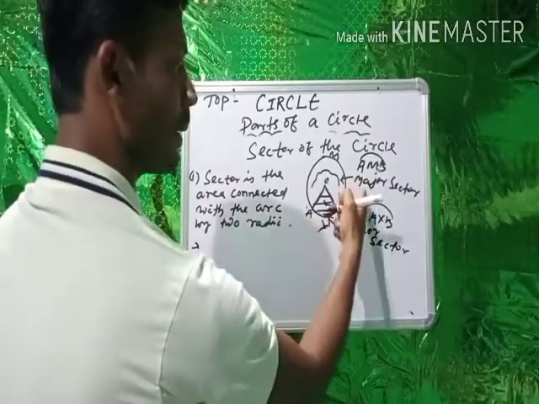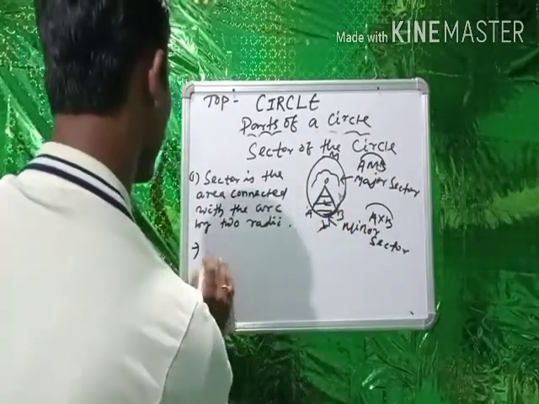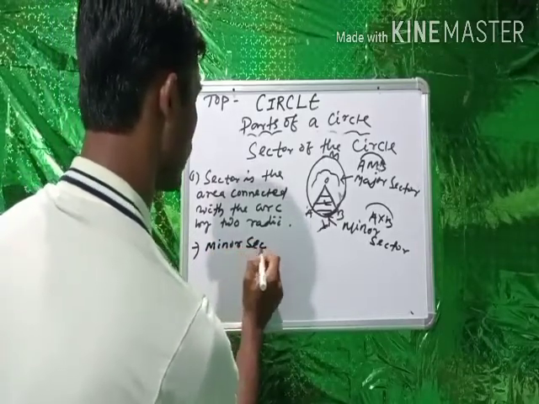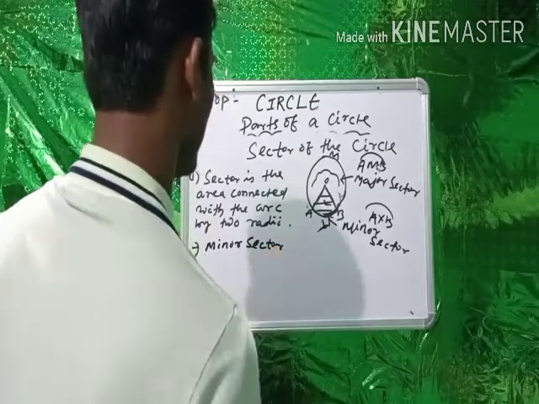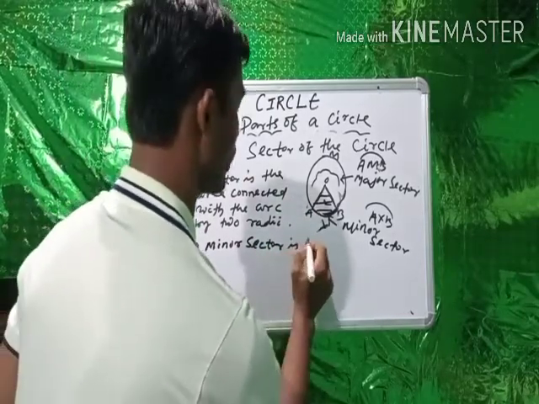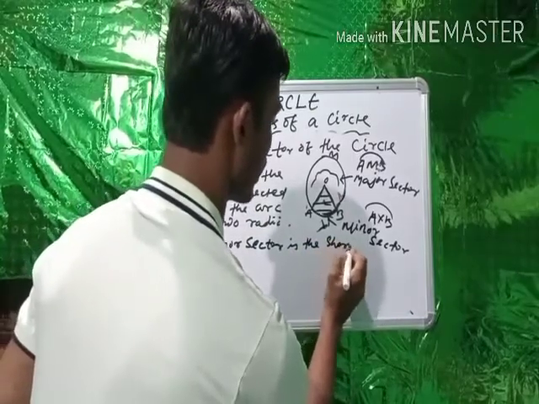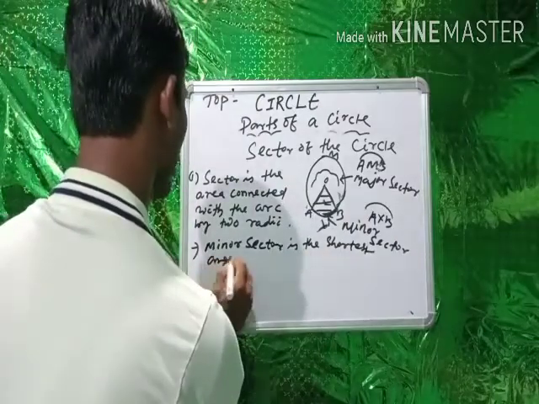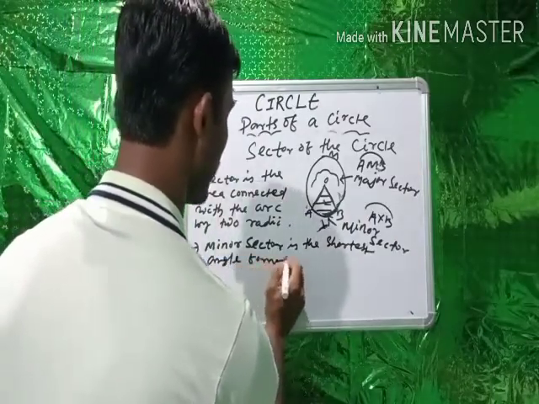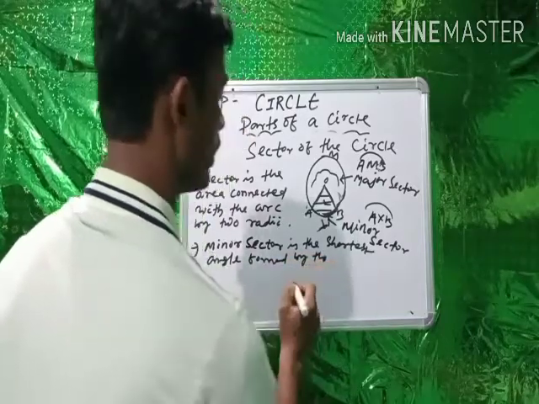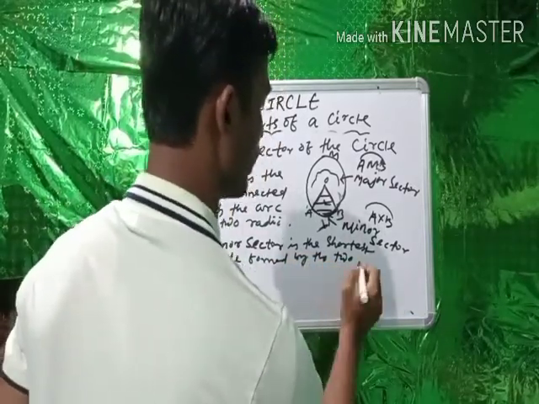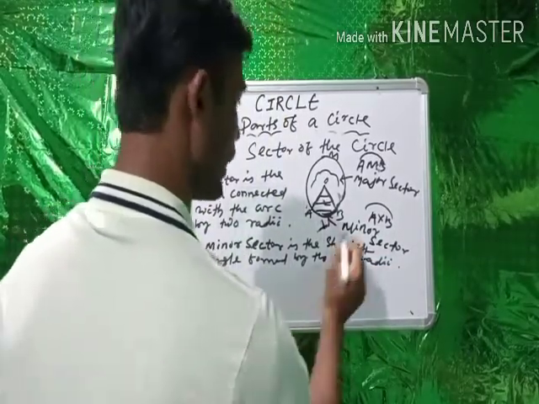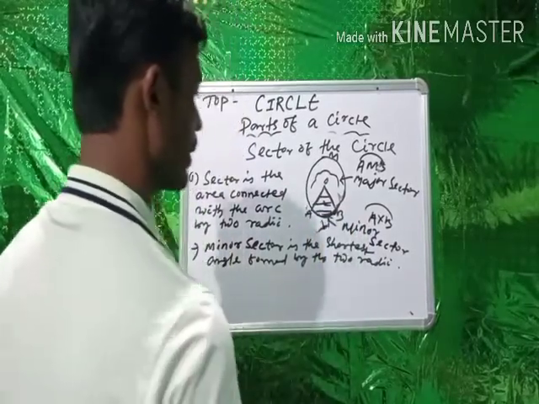So what is a minor sector and a major sector? A minor sector is the shortest angle formed by the two radii. And just look, this is the minor sector.